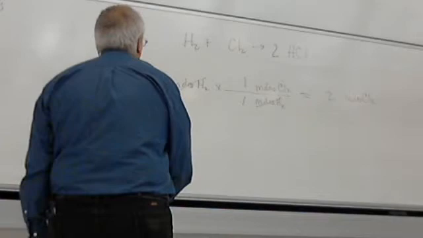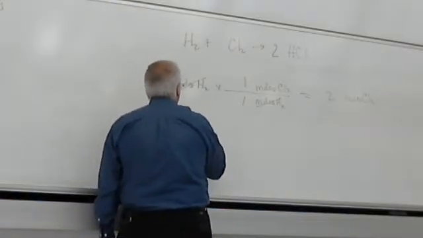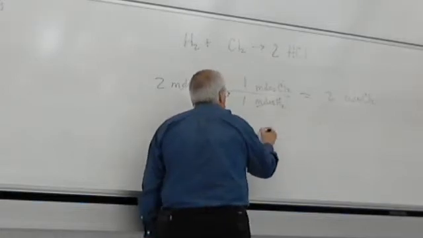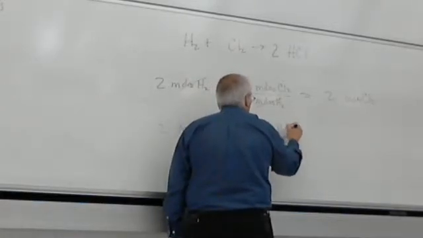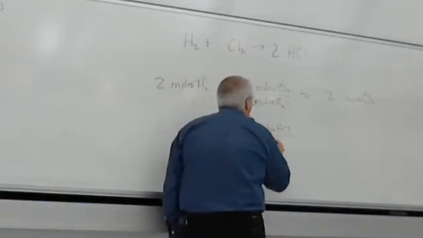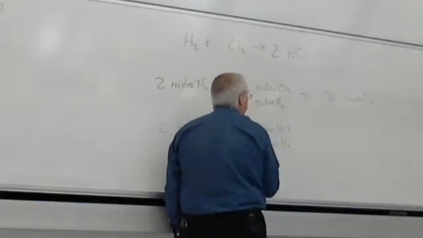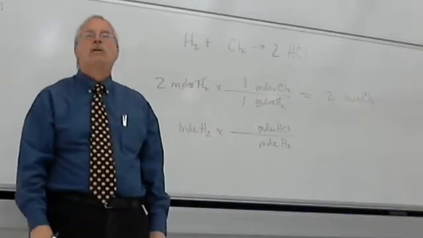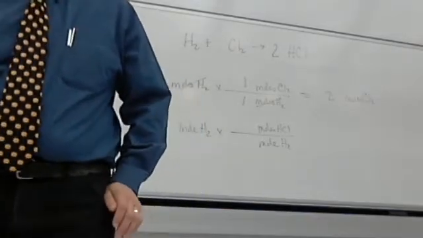So I can find out how much HCl I'm going to make by the same type of calculation. Except this time I'm looking for HCl, and I know hydrogen. Now, what's the ratio between those two? 2-to-1. Where did you get that from? The chemical reaction.